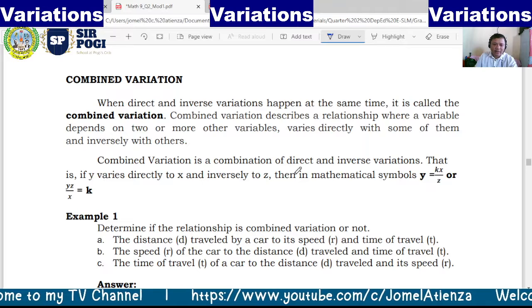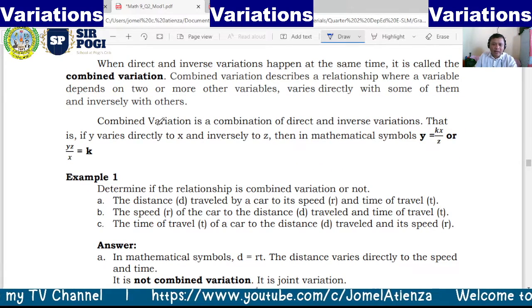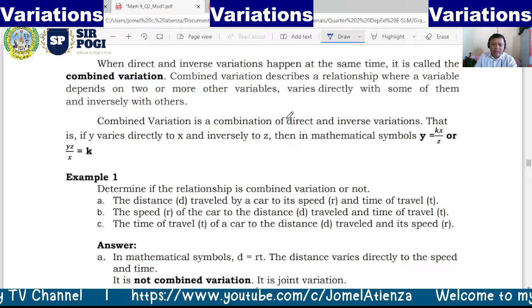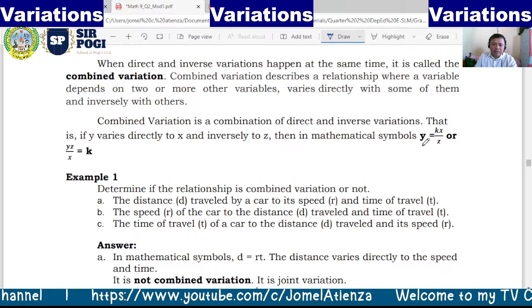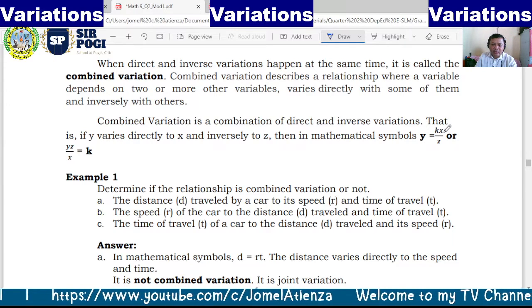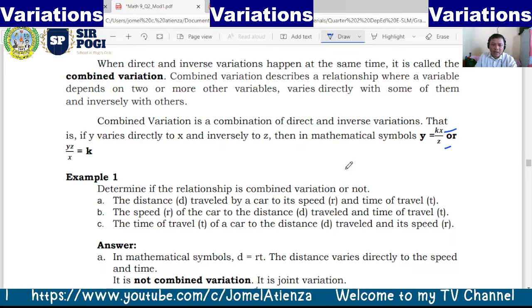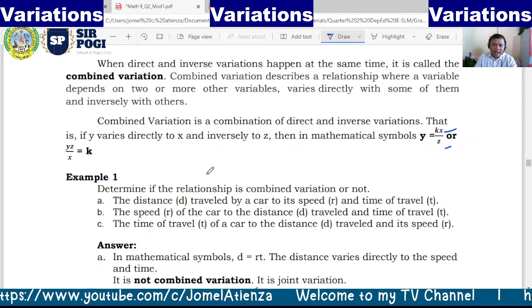So yan. Combined variation. So once again, combined variation is a combination of direct and inverse variation. So here is the mathematical symbols. Y is equal to kx over c, or k is equal to yc over x.